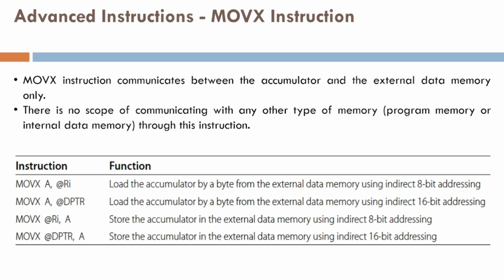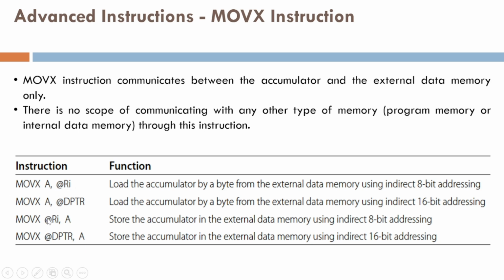So in this case, MOVX A, @Ri will load the accumulator with an 8-bit content, or a byte, from the external memory using indirect addressing with the help of @Ri.